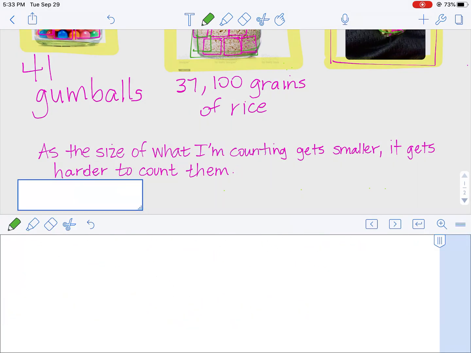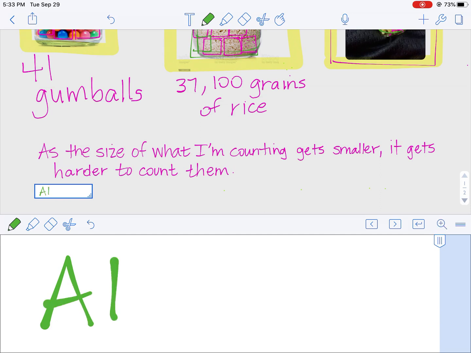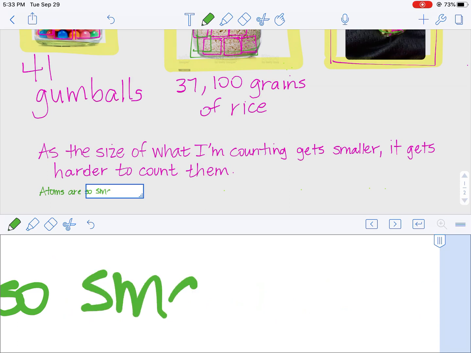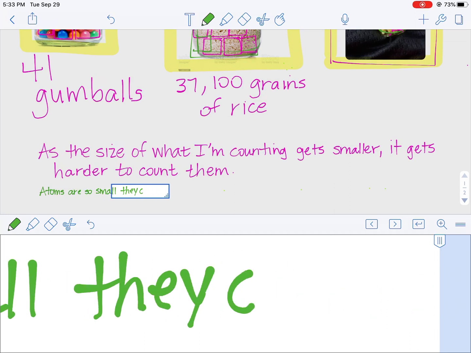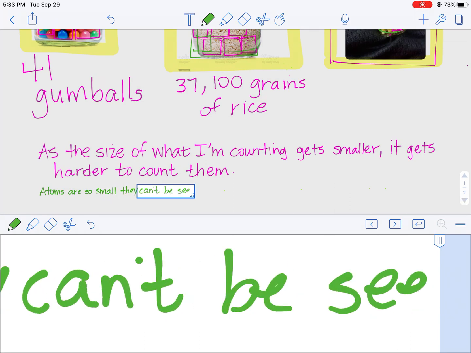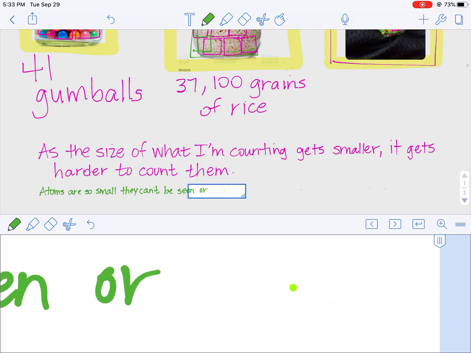So to summarize that, atoms are so small they can't be seen, and if they can't be seen, they can't be counted.